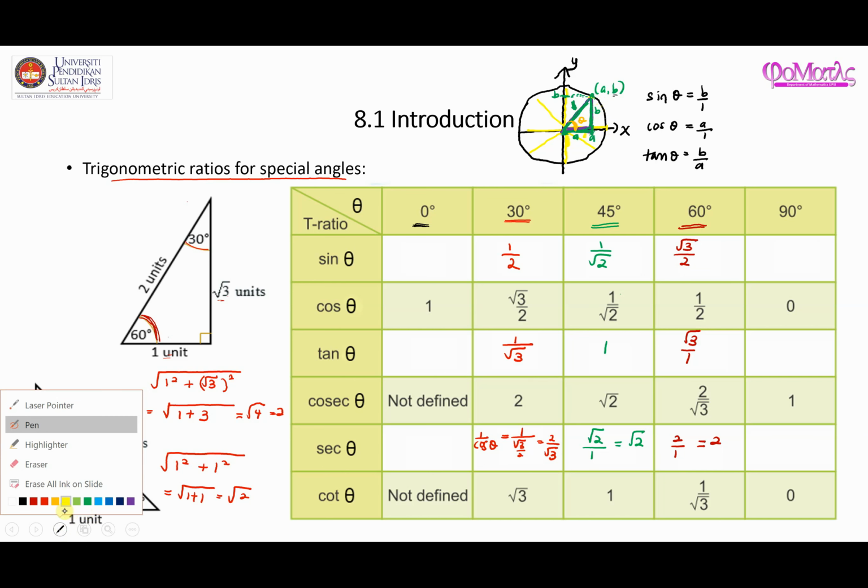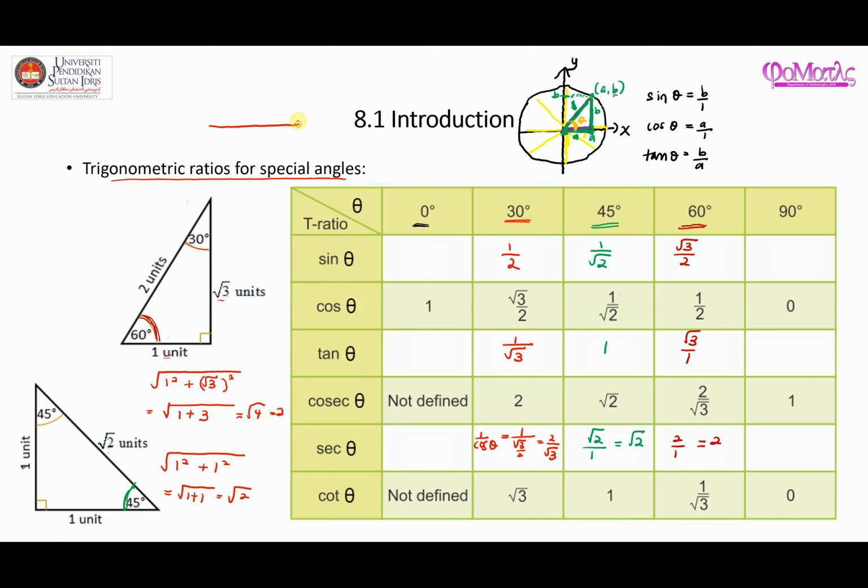Okay, I'm going to just enlarge the triangle. So this one here is the initial side. So this is the line here, and this is another line. An angle is measured. Angle corresponds to the intersection of these two lines.